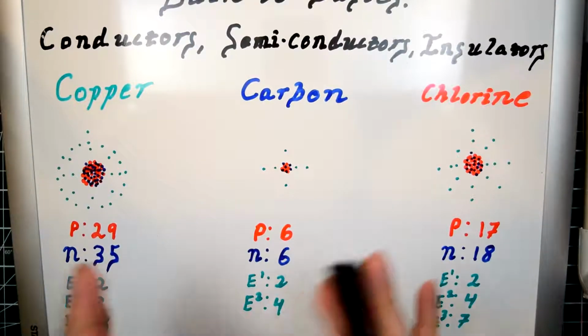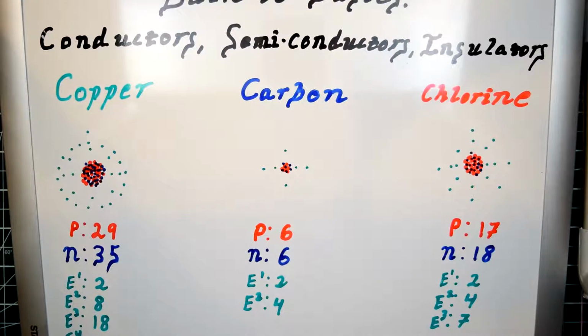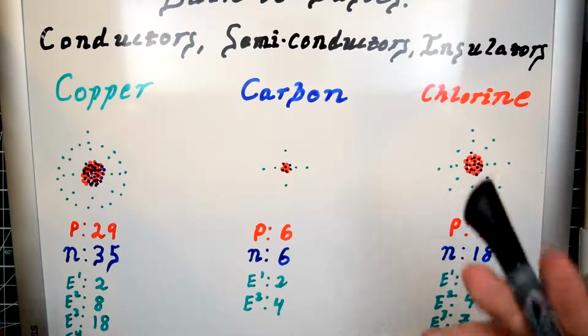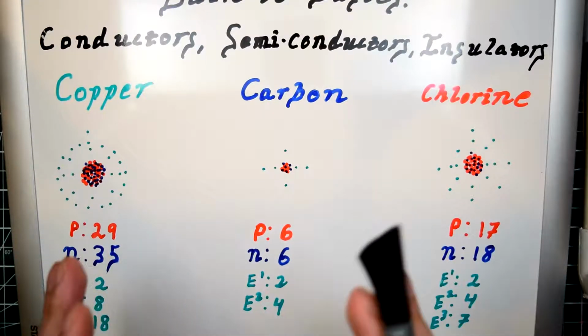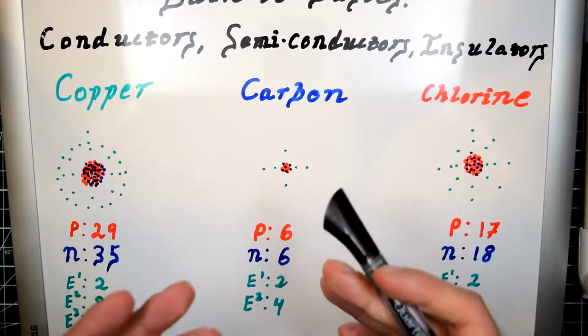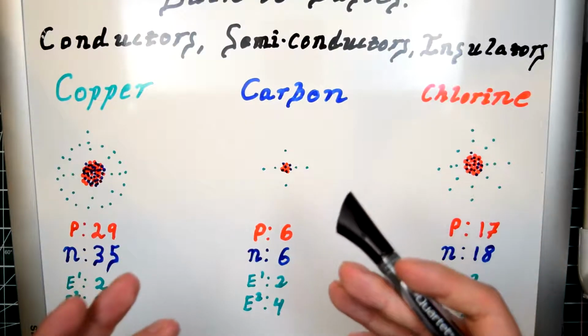This one, although I have a lot of information here on the board, is actually going to be fairly quick. We're just setting some ground information for upcoming videos about semiconductors, diodes, getting into doping and all of the complicated things that you have to understand when we start learning about diodes.